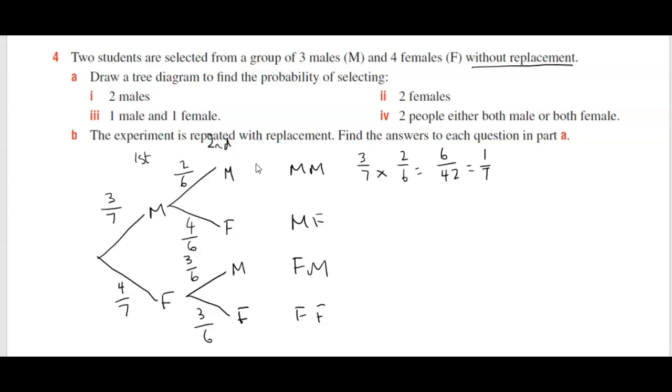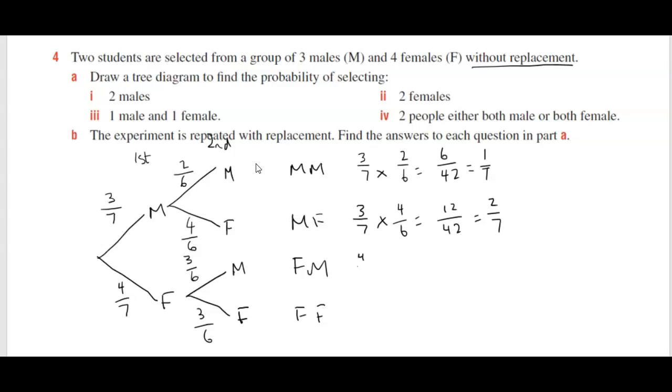Sorry, I just had a bit of a lapse in concentration. Sometimes it's easier to simplify these fractions. 3 times 4 gives you 12, and 7 times 6 is 42. So again, simplifying, is that going to be 2/7?